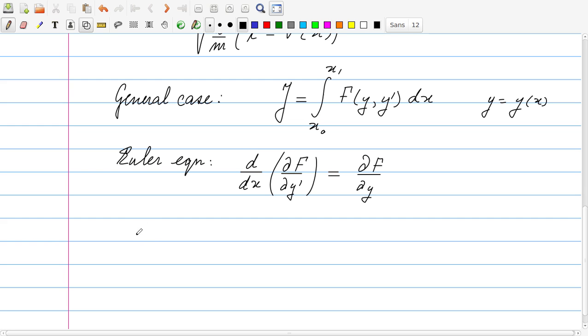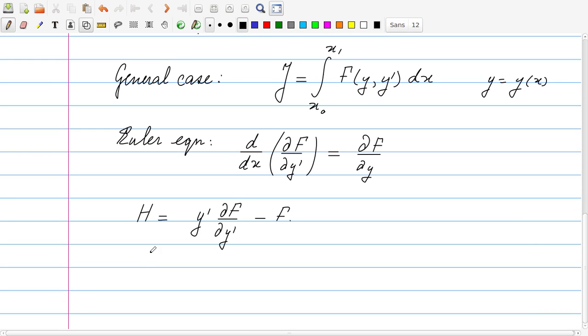And now we consider an object called H for Hamiltonian, and H is defined as y' df/dy' minus f. And we consider the first derivative of H, a total derivative with respect to x.